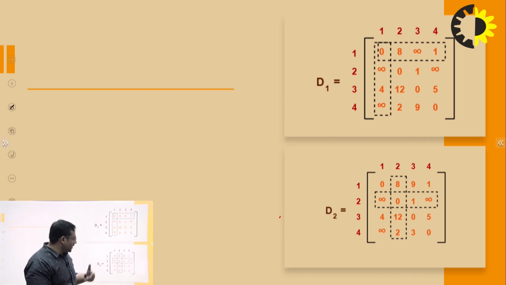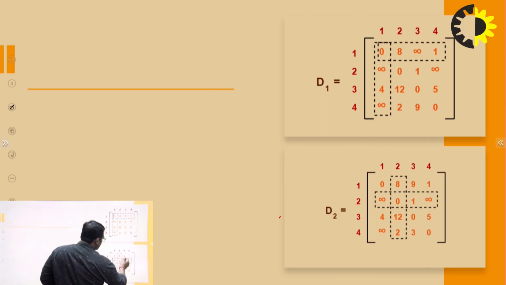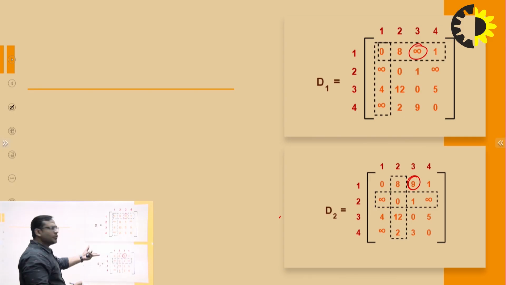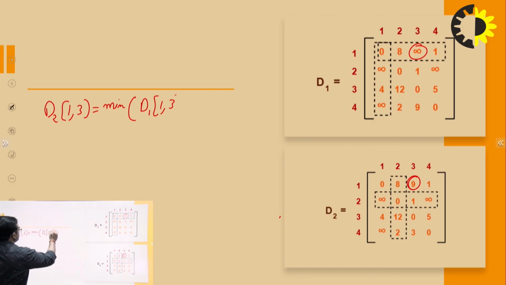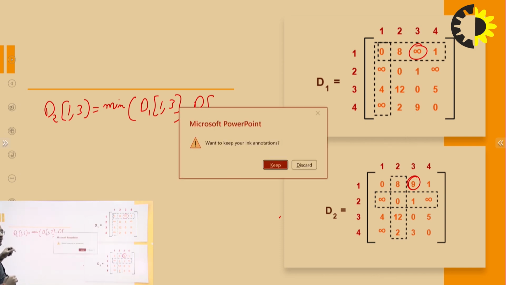So I can take one value which is updated here. This one here is 9, here is infinity. So I can put one value so you can easily understand. D2, I have to check 1 comma 3.